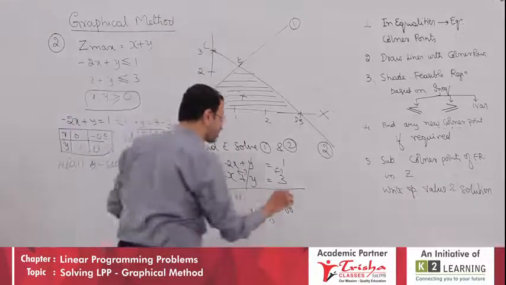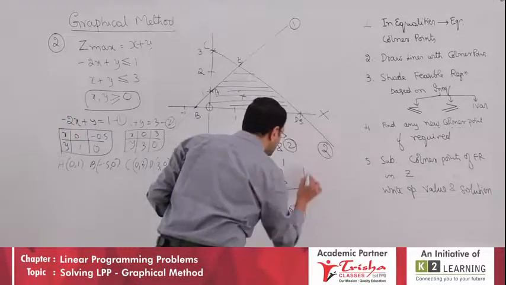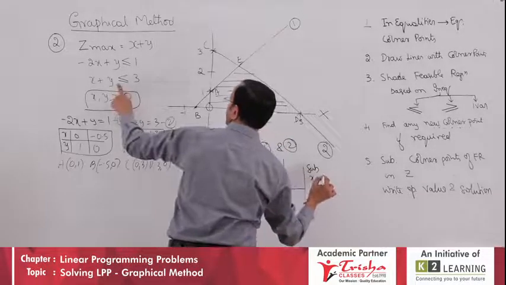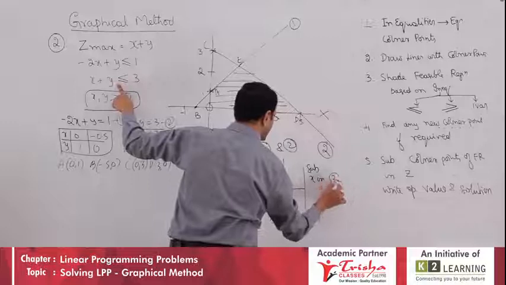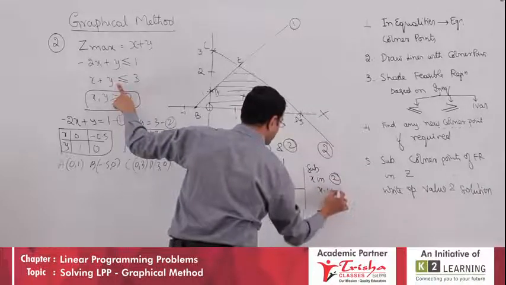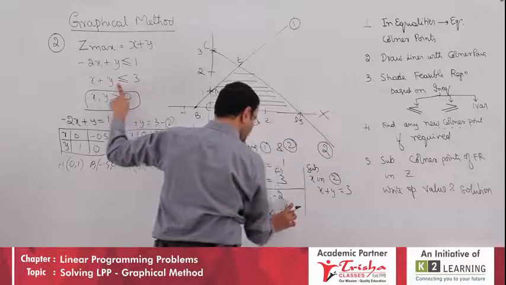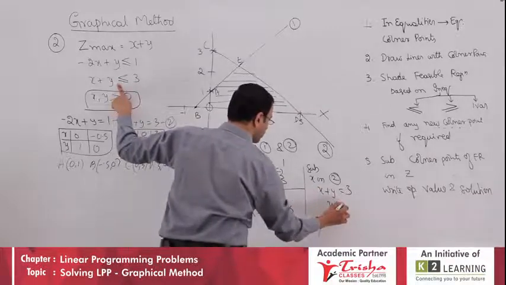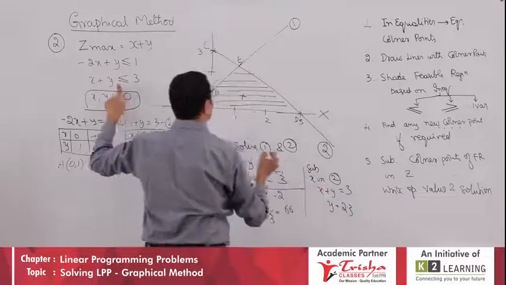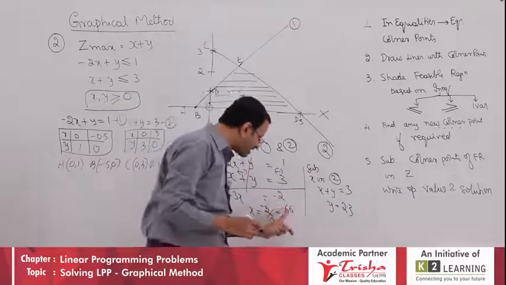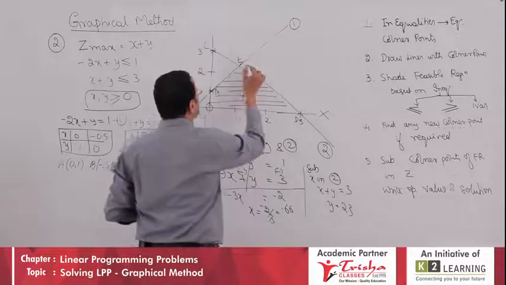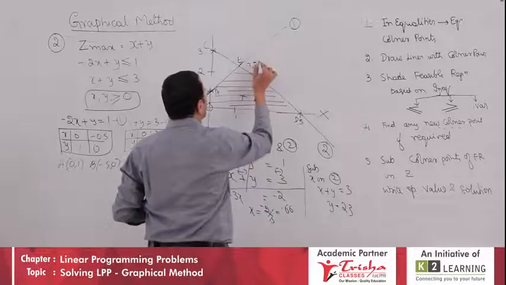Similarly, if I substitute x, shall we take the second one, easier, x plus y is equal to 3, with 0.66, if I take 0.7 almost, y is equal to 2.3. Exactly it is not written, it is 0.66 approximated, so that you can identify here 0.7 and 2.3.